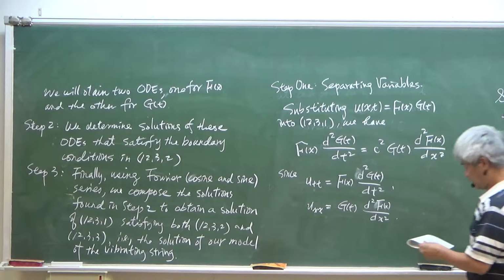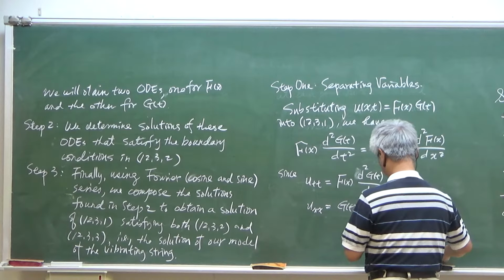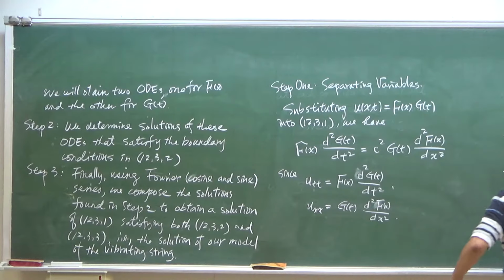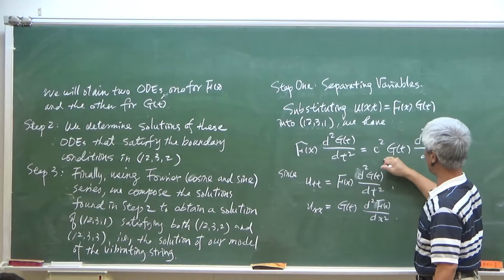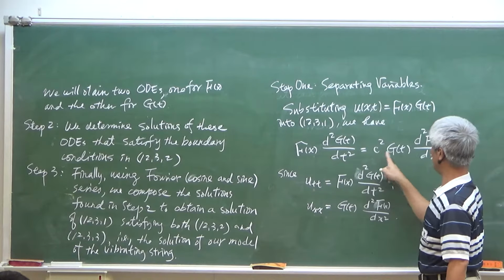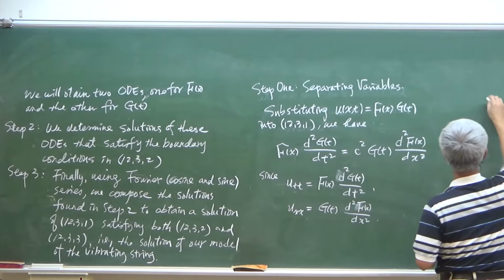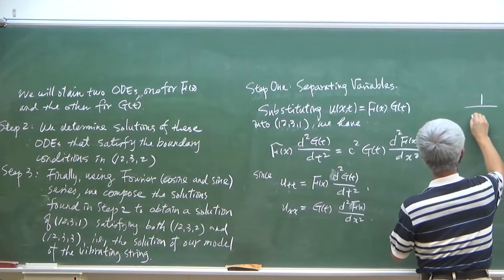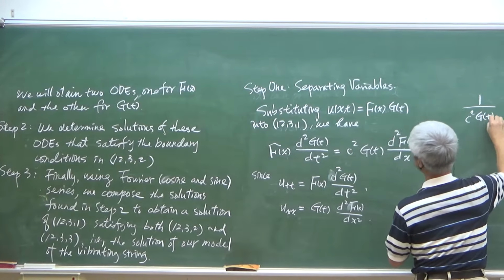Okay, and now we divide by the product of f of x, c squared, and g of t. So we have 1 over c squared g of t.